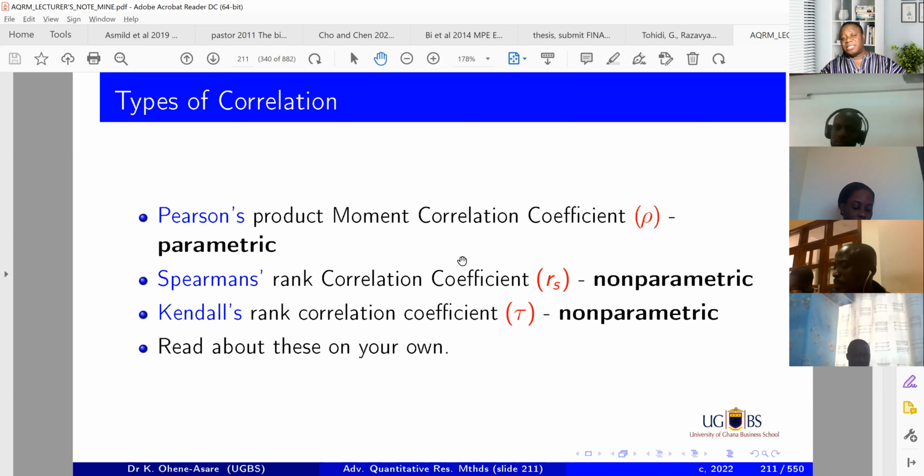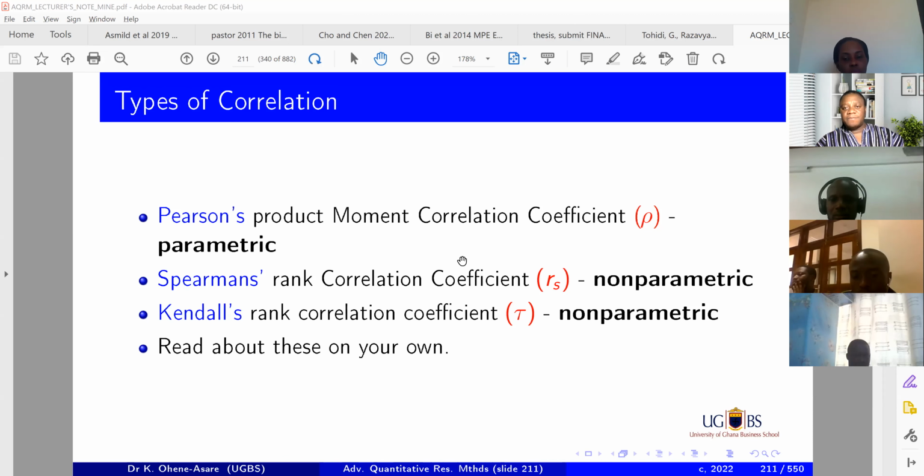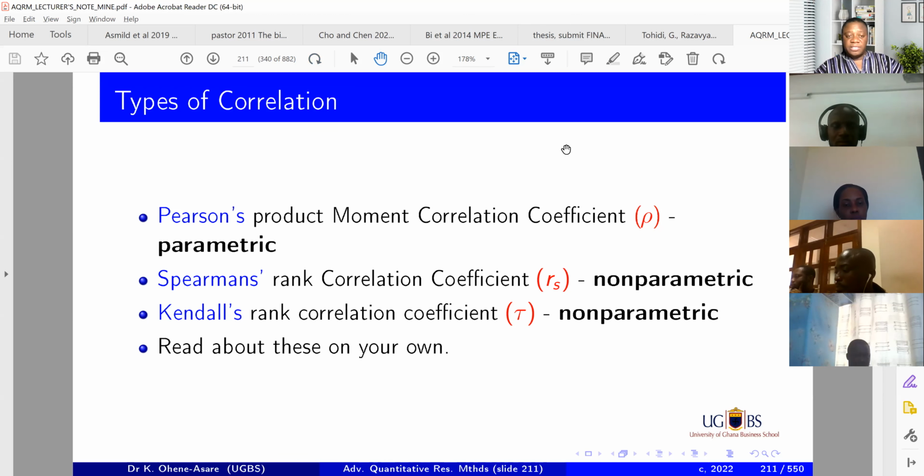The Spearman's is a non-parametric statistic, and I'm sure by now you know the difference. So if the data is normally distributed, which one are you going to be using? Said? So you use the Pearson product moment correlation coefficient, or you calculate that.